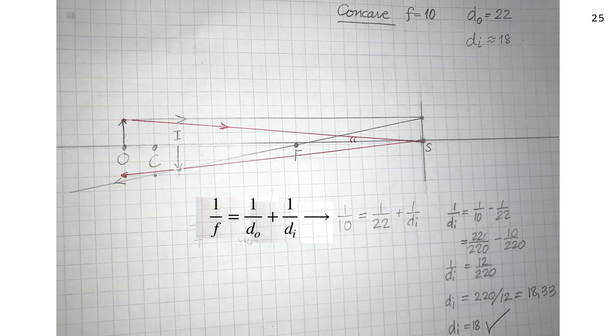All right. So there's my, all right, there's my, and now look, this is the outgoing ray here. And it looks like they intersect right about here. All right.